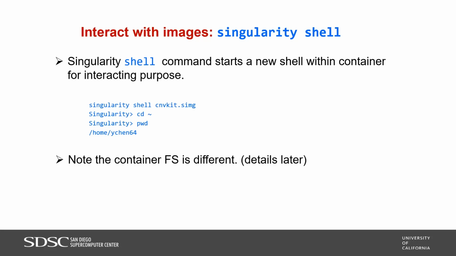On the cluster, you can also use the Singularity shell command to start an interactive shell. Once it has started, you will find the command prompt has changed to Singularity and an arrow sign, and then you are inside a Singularity shell. Just know you don't need sudo permission to run Singularity on the cluster. You are free to run it.